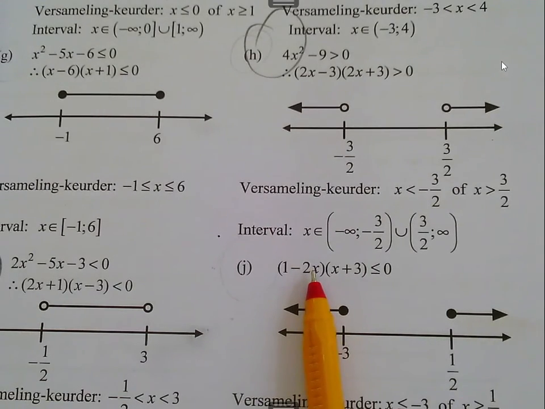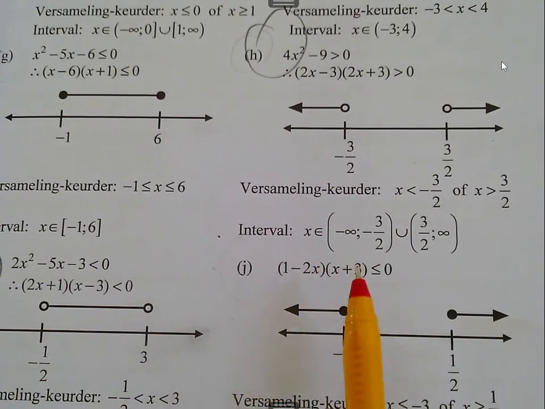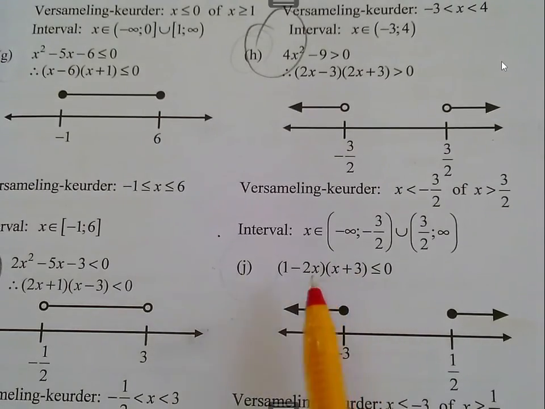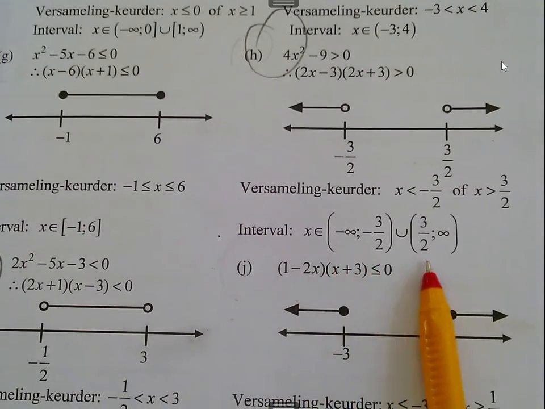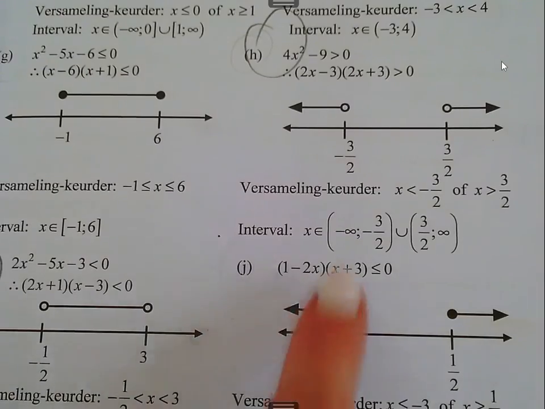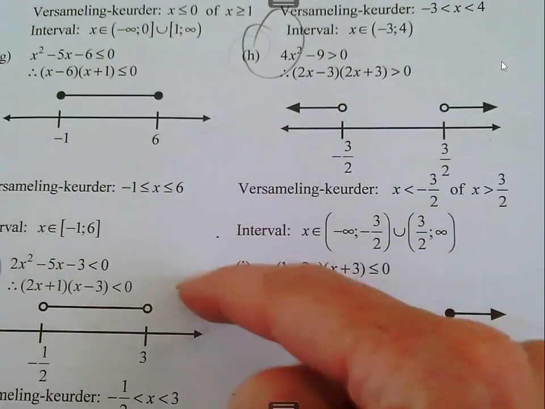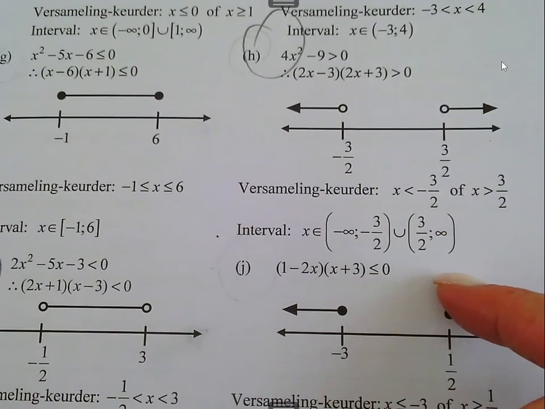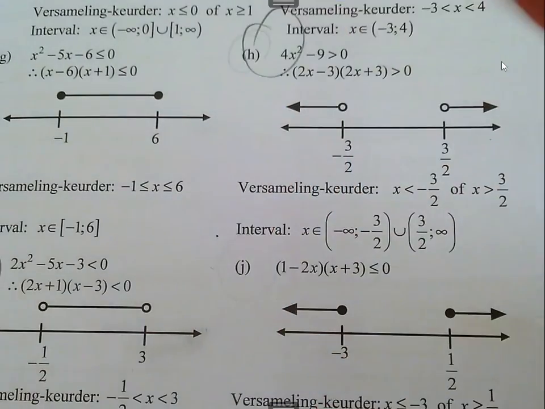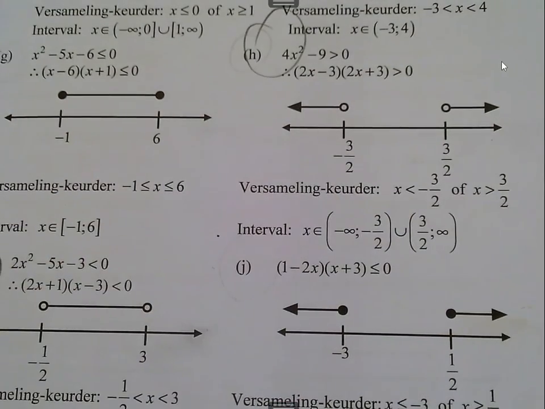That x is not at the right place. Do you agree? Our bracket must be x plus minus constant. So what you're going to do there is you need to take out a negative, and then you multiply each side with a negative. And then it's greater than. And then it's right. Do you understand?